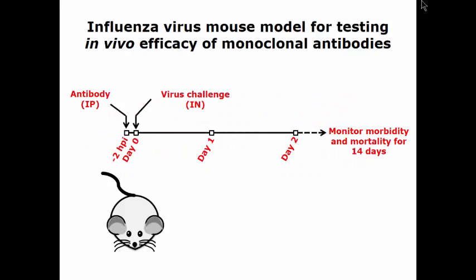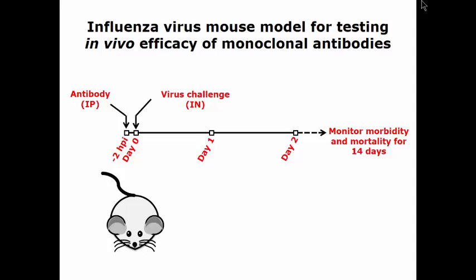And the way we are doing this is, we have again this influenza virus mouse model, and we give the antibody IP 2 hours before we challenge with these viruses intranasally, and then we check weight and morbidity, mortality all the way out to 2 weeks.